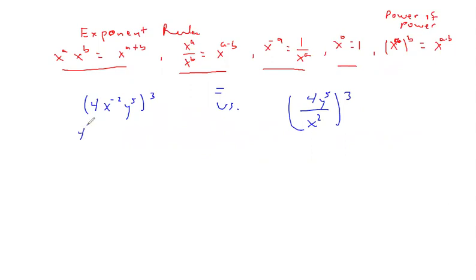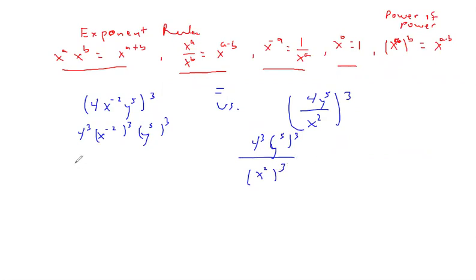So you'd have 4 cubed, x to the negative 2 cubed, and y to the fifth cubed. And here you'd have 4 cubed, y to the fifth cubed, and x squared cubed.